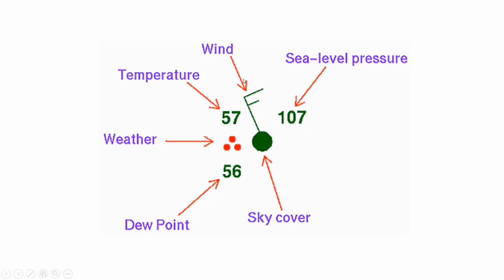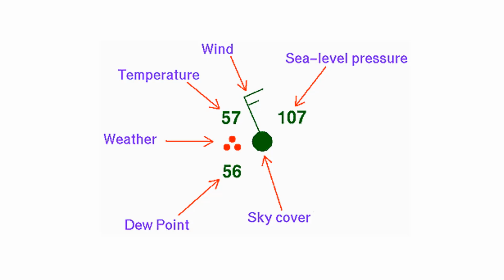All right, now let me talk about the center. In the center, you see a circle with some kind of filling in it. This one's completely full. And then sticking out of the circle is a pole with these feathers on the edge of it. So let me break this down. First off, the center circle is actually where the station is located.